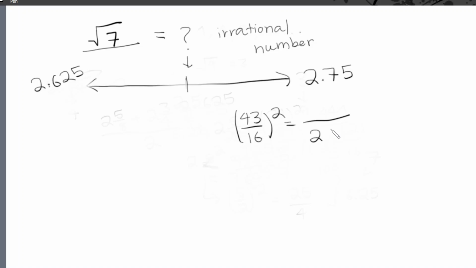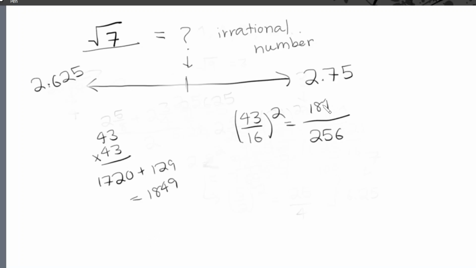16 squared is 256. And 43 squared is, what is 43 squared? Let me see. 1720 plus 129. I think that's 1849.